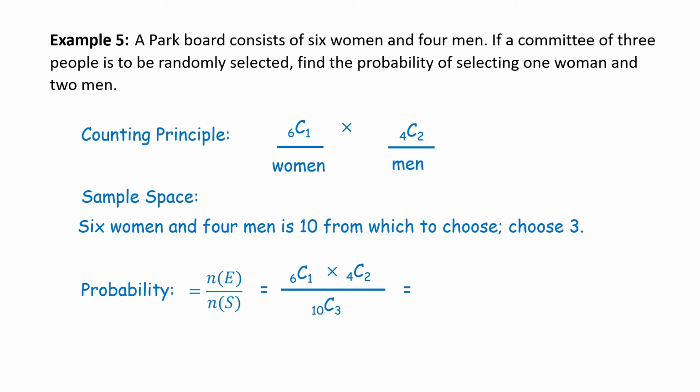We'll use our calculator to compute. 6 choose 1 is just 6. And we'll multiply that by 4 choose 2, which is also 6. And we'll divide that by 10 choose 3. That's 120. Multiplying across and reducing, the final probability in simplified fraction form is 3/10.